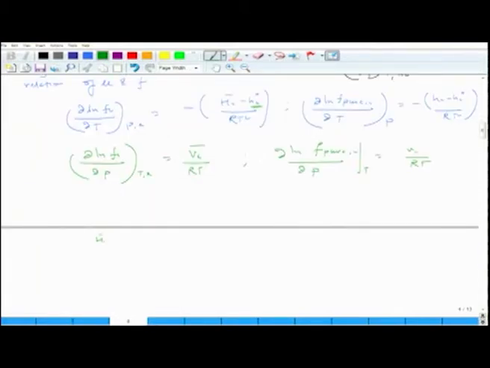So, Hi bar is nothing but partial enthalpy of i.